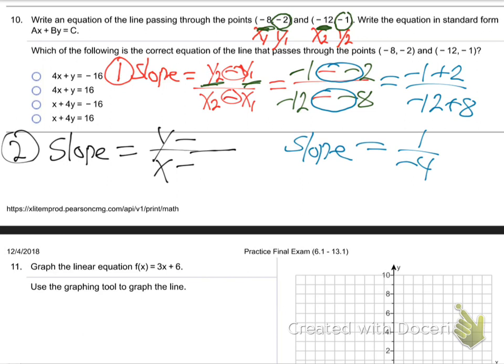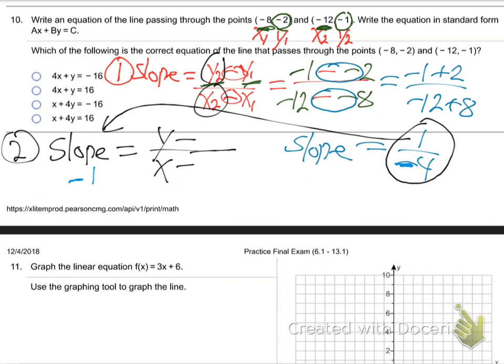Instead of y2 and x2, we just put plain y and plain x, and we leave blanks in the back. Grab your slope, bring it over, and put it here. I'm going to put that minus sign on the top. You don't have to, but it might be a good idea. It doesn't matter really, bottom or top, it's all the same. But it's a good habit to put minuses on the top. That way you won't lose them. And then we got y minus over x minus.